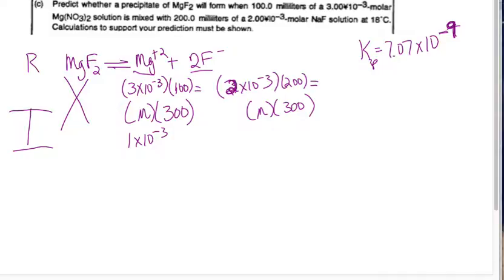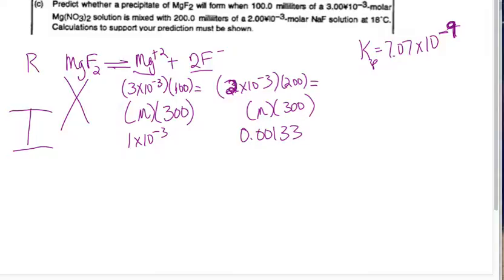Just someone tell me. 0.00133. I'm assuming that's right. So now we know our concentrations. We got to figure out if precipitate forms.